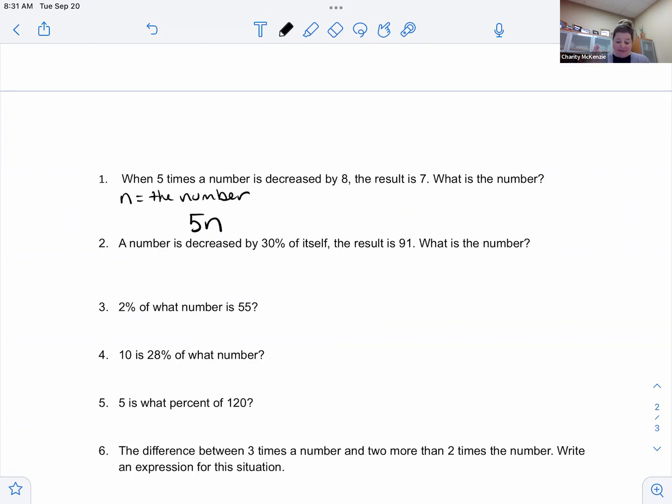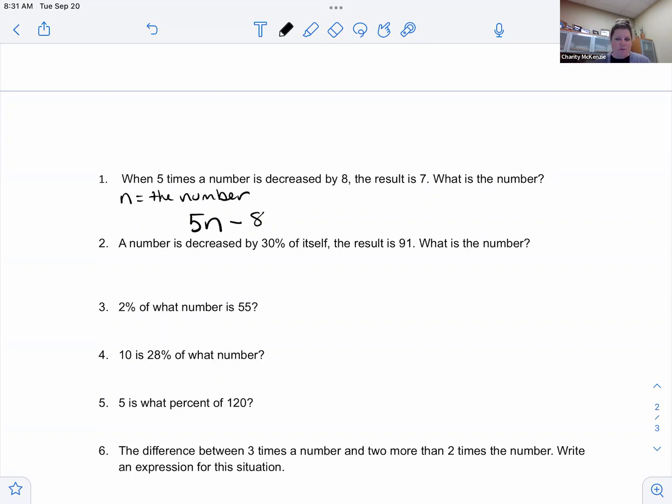So we now have 5 times a number. Now it is decreased by 8. So what I have right now, 5n, is decreased by 8. So then the minus 8 goes after it because you're decreasing it by 8. You can't mess up the way you do your minus or your division or it'll be wrong.